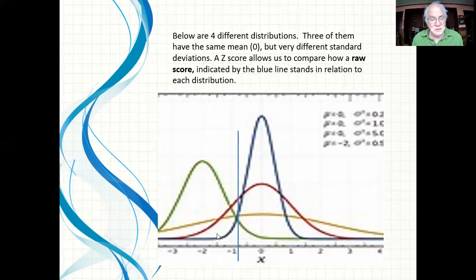It's really spread out, but the mean is not much bigger than anything else in the area. The green one has a much smaller standard deviation. The red one has probably the same mean as the blue one, but the standard deviation is different. Different distributions look different. They can all be changed into z-scores, and you can get comparability.